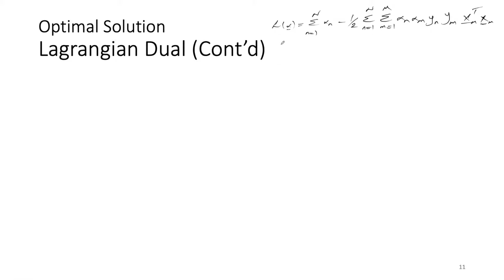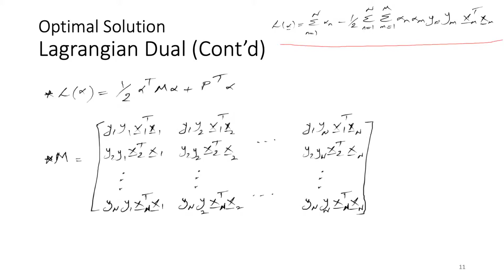So you have this value as your Lagrangian form given alphas. Now, instead of this long form of alpha m's, alpha n's, we define it this way.